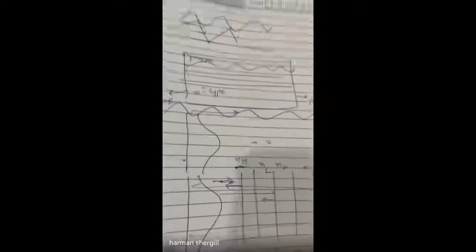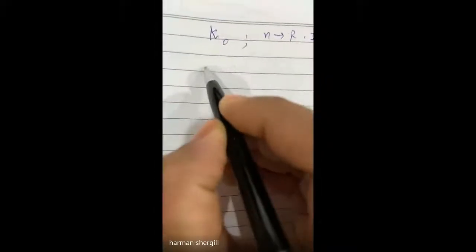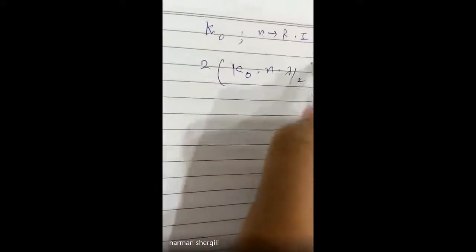Then suppose the wave vector is k naught and n is the refractive index, then for the round trip, it is expressed as 2 into k naught into n into lambda by 2.